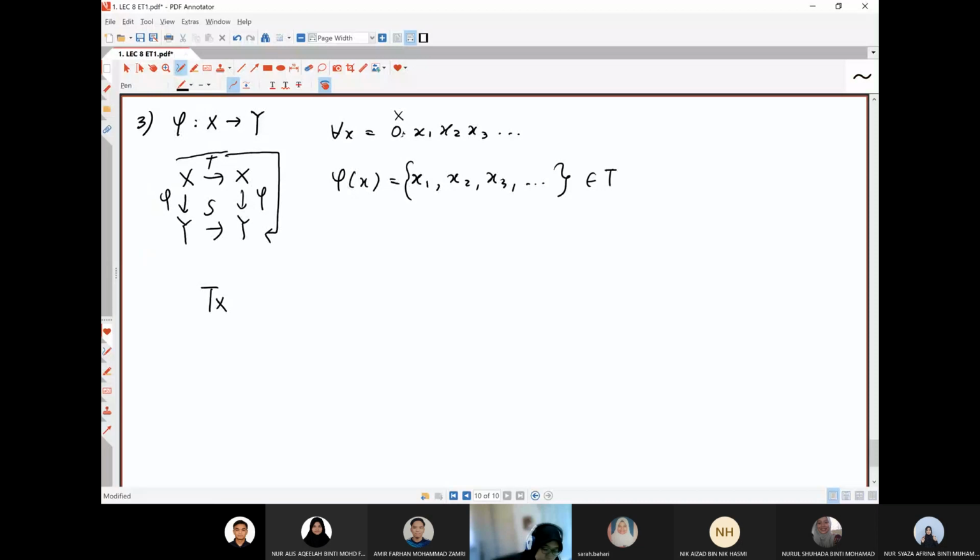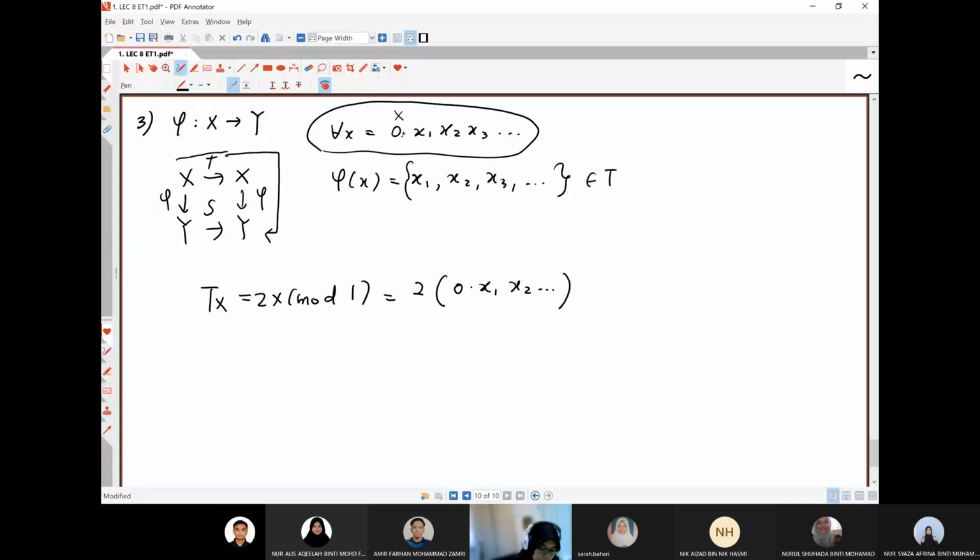Kalau T of X is equals to 2X mod 1 kan? So kalau X2 is this apa tu? Function. So I have 2 darab dengan X which is 0.x1, x2 and so on, and then mod 1.